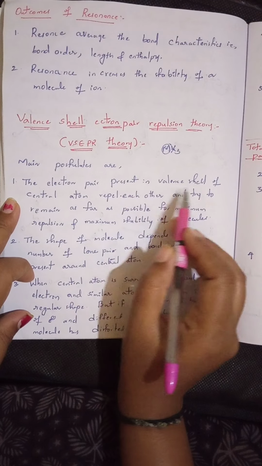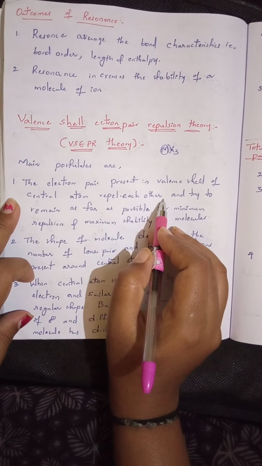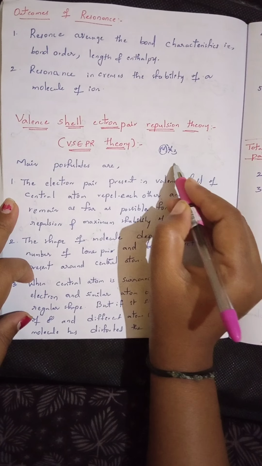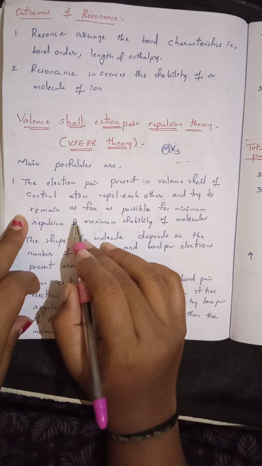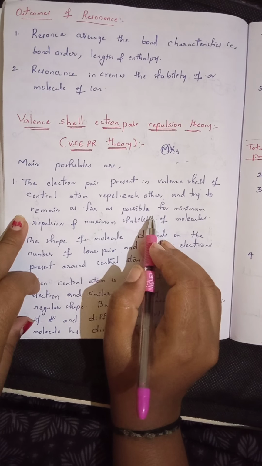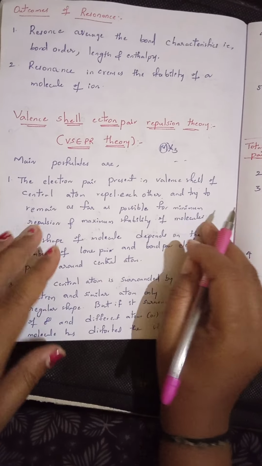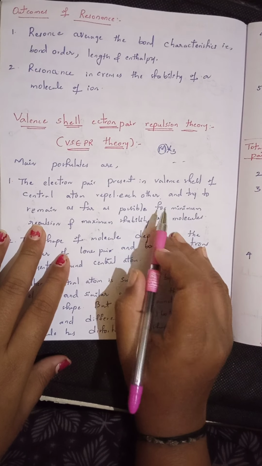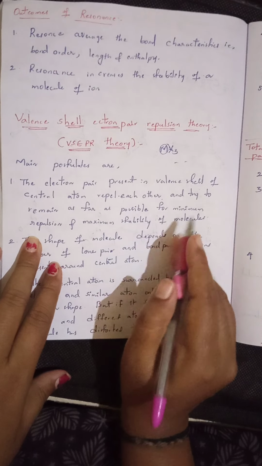The electron pairs present in the valence shell of the central atom repel each other because electrons carry the same charge. When same charges come closer, they repel each other and try to remain as far apart as possible. They move away and stay as far as possible for minimum repulsion and maximum stability of a molecule.